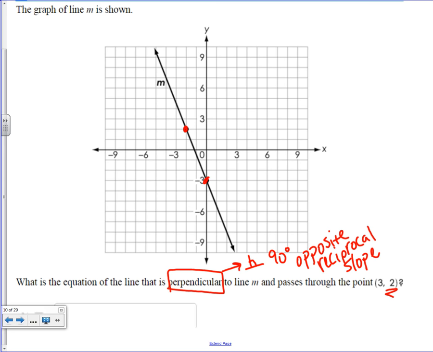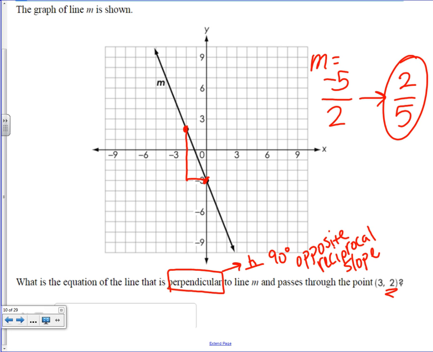Well, if I've got a graph, I can just look at it. Remember, I start at the left-hand point. I have to rise 1, 2, 3, 4, 5 down, which would be -5. And I'm running over 2. So that's my slope right now. I need to do the opposite reciprocal of that. Well, the opposite means make a negative turn into a positive. So now it's going to be positive 5 over 2. And reciprocal means flip it upside down. So it would be positive 2/5. That would be my slope.